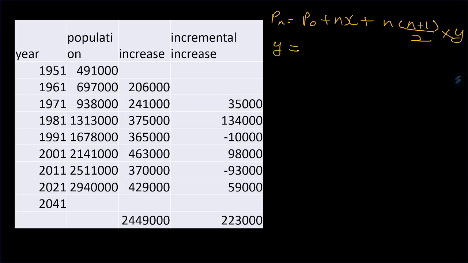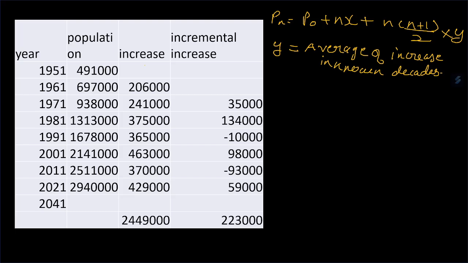So y is nothing but the average of increase, the average of incremental increase, in known decades. So basically the idea is how much increment is there on the increase.